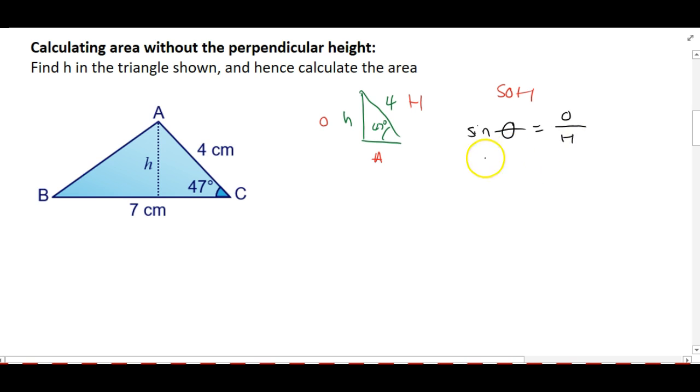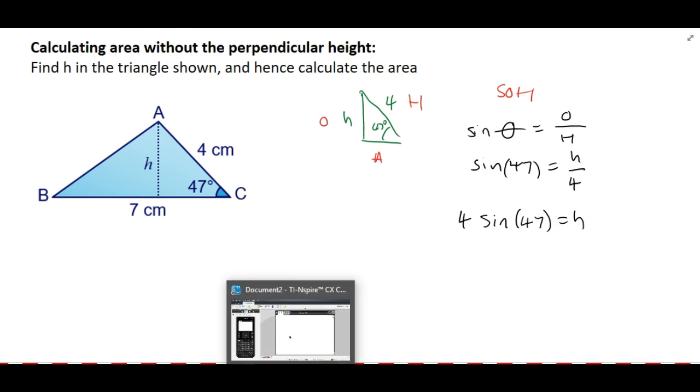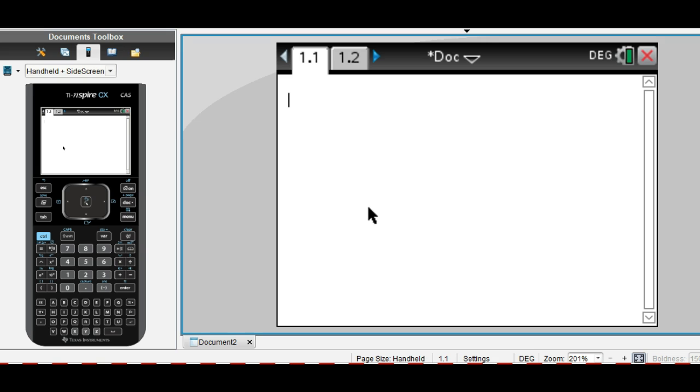So therefore, if we sub in all our values, we've got sine 47 is equal to H over 4. So therefore, 4 times sine 47 equals H. And you can just type that in your calculator and find it out.